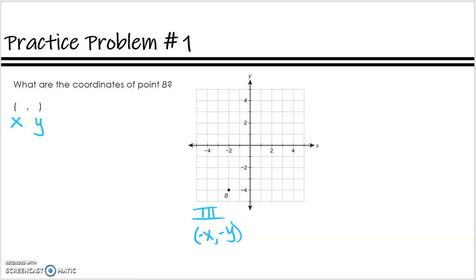So if I were to start at the origin, to get to B, I would have to go left 2, which means my first number should be -2. Once I go left 2, I go down 1, 2, 3, 4. So it is located at -2, -4.